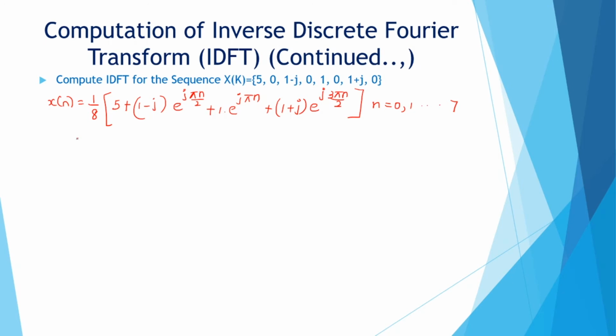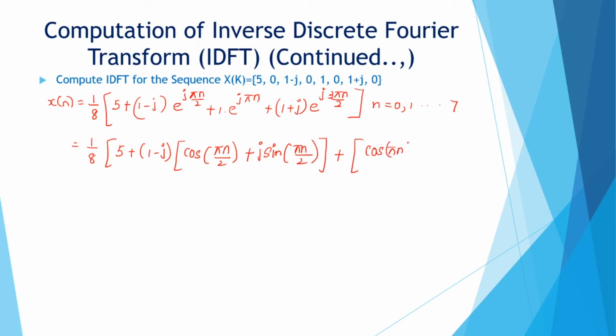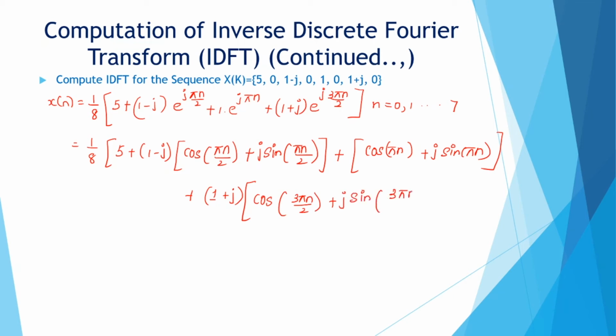Now first expand your e power j term. 1 by 8, 5 plus 1 minus j. e power j theta, I already told you, is cos pi n by 2 plus j sin pi n by 2, because it is e power plus j theta, plus e power j pi n, so cos pi n plus j sin pi n, plus 1 plus j, cos 3 pi n by 2 plus j sin 3 pi n by 2.